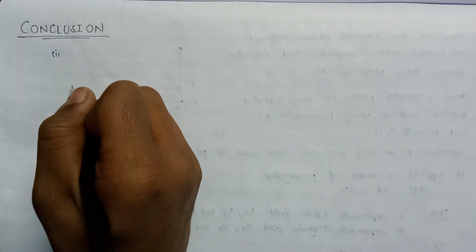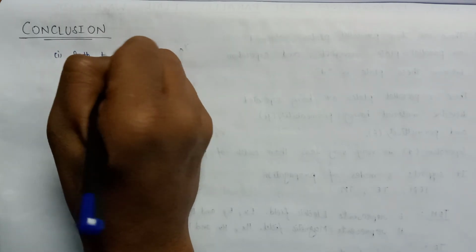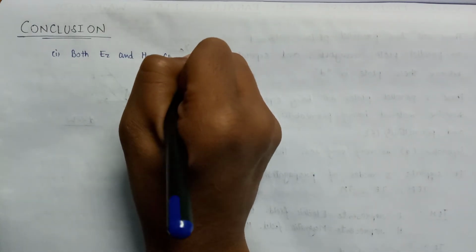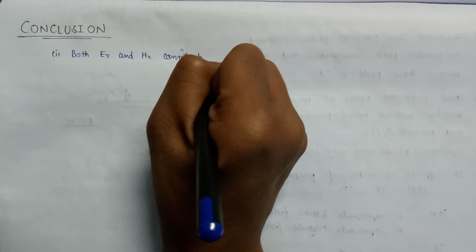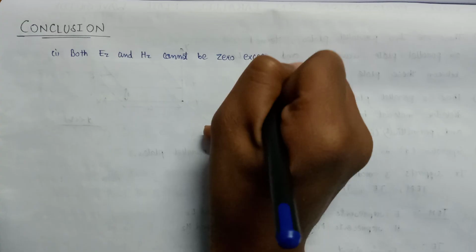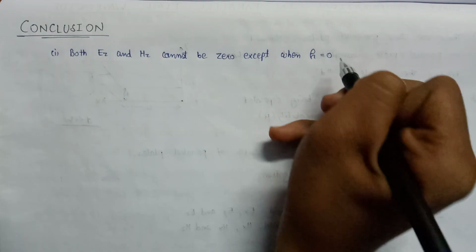So after the analysis of the waveguide, we got some conclusions. According to conclusion number 1, both the electric and the magnetic field components in the z direction cannot be 0 except when small h is equals to 0. So both the Ez and the Hz components cannot be 0 except when small h is equals to 0 only.